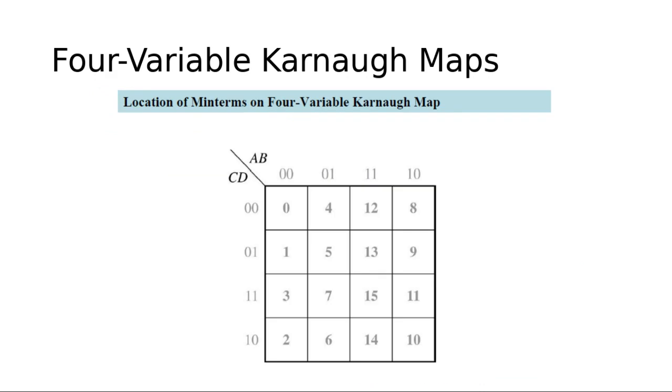Okay, there is a 4 variable Karnaugh map. There is AB and there is CD. This part is 3 inputs. This part also has 3 inputs. So this part has 4 variables. Also this part has 4 variables. Okay.